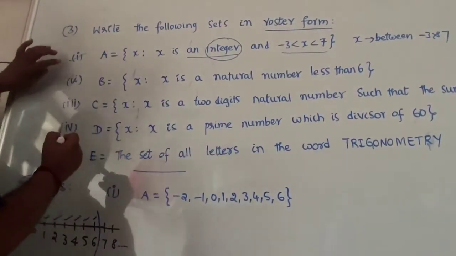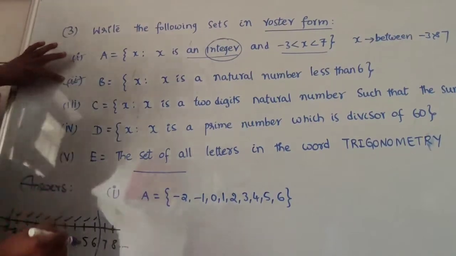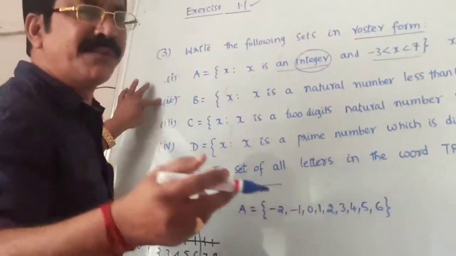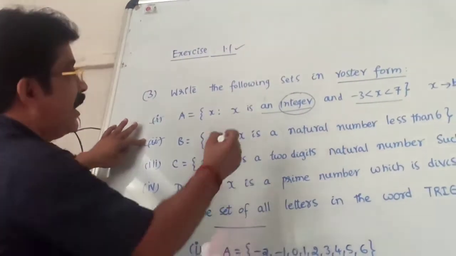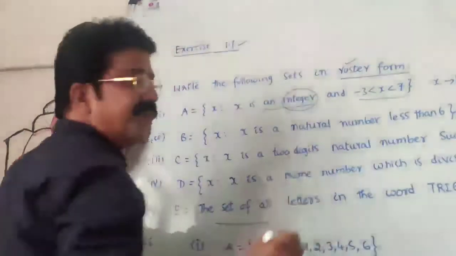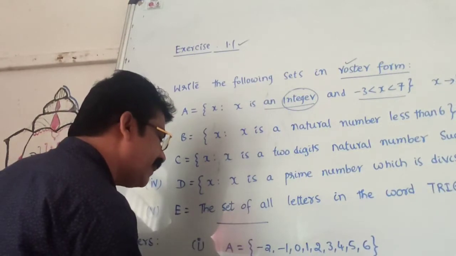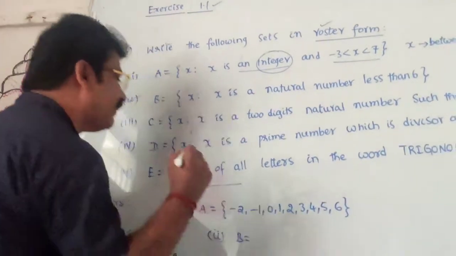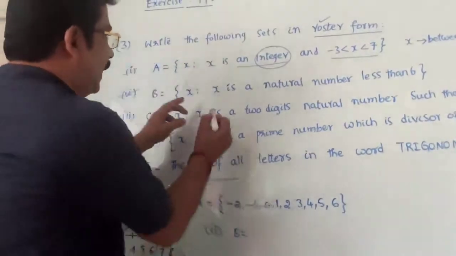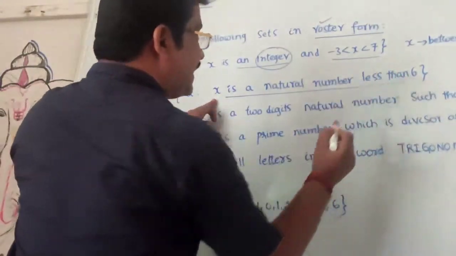Next, this is over. The second question is also in set builder form, so we have to write it in roster form. Number 2: capital B is equal to x, where x is a natural number less than 6.